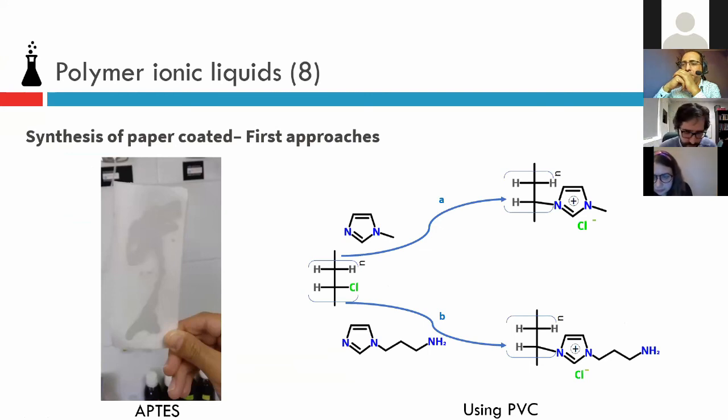According to the literature, you can use this type of imidazole to introduce by a nucleophilic attack into the polyvinyl chloride structure. So we checked if using this molecule, we could develop the same reaction, okay? Just to introduce these amine groups in the surface and use them to participate in the Radziszewski reaction.